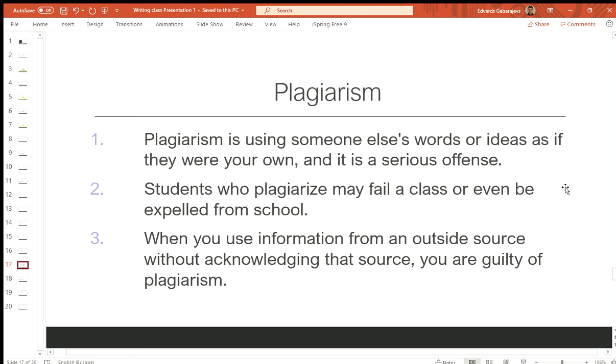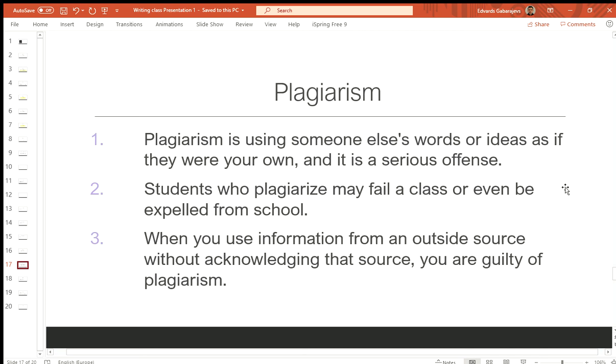However, right, we may need to prove something, we need to use something for support, and we use other people's ideas, right? The important thing to understand here is the way you use these ideas. Again, if you present things as if they were your own, it's bad, right? This is stealing.